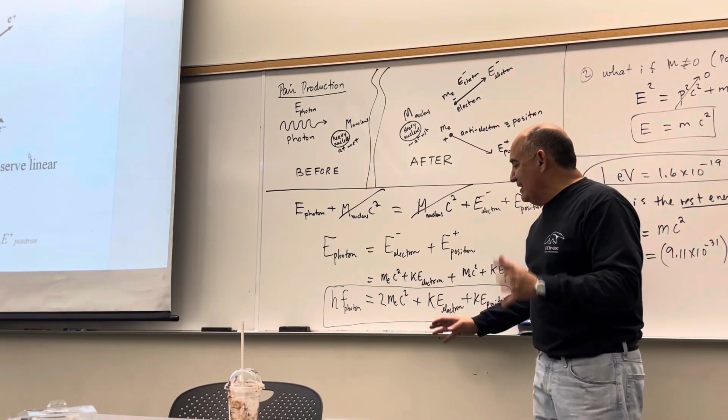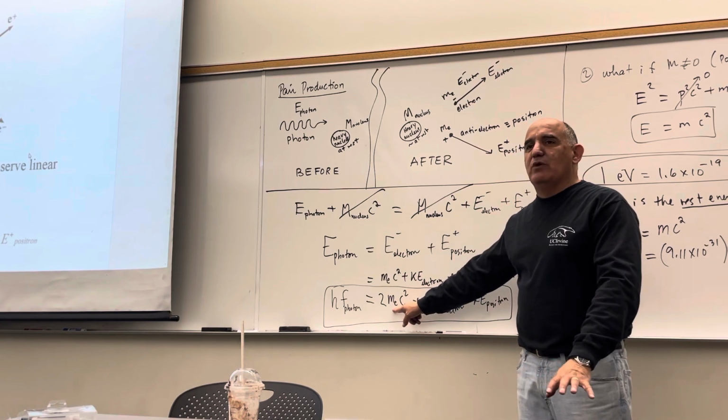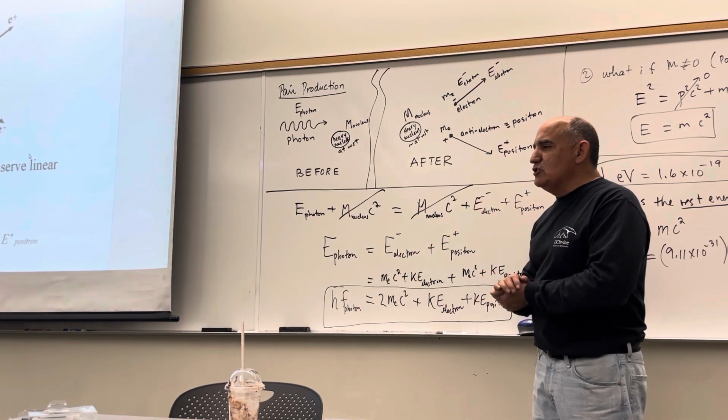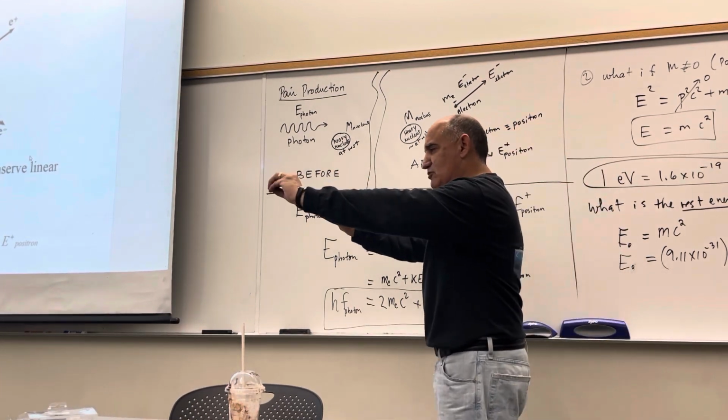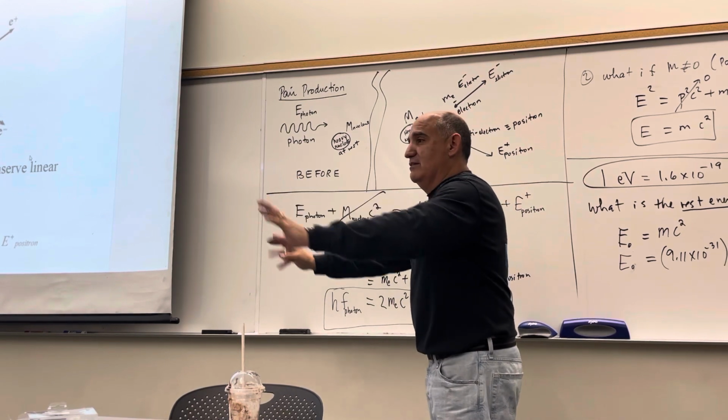It has to at least make their masses. The minimum energy is when the photon comes in, interacts with the heavy nucleus, and creates the electron and the anti-electron, and let's say they are not moving.